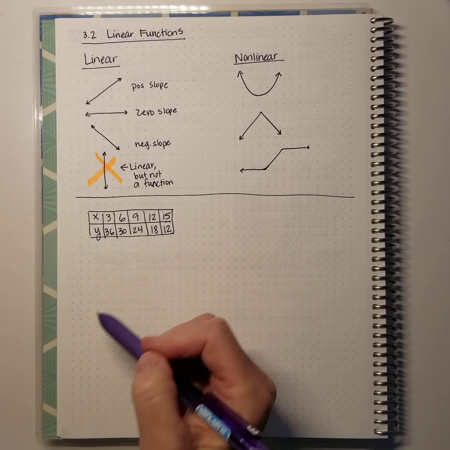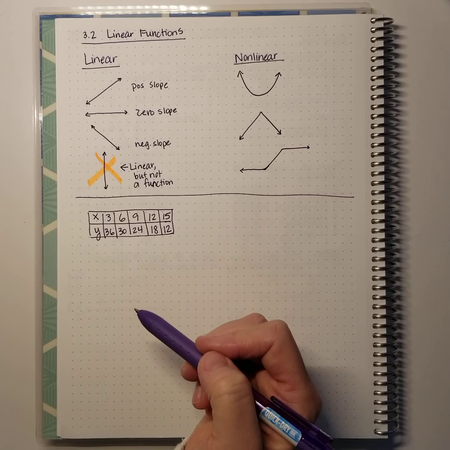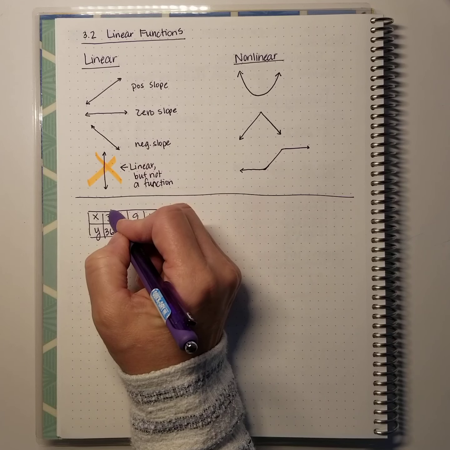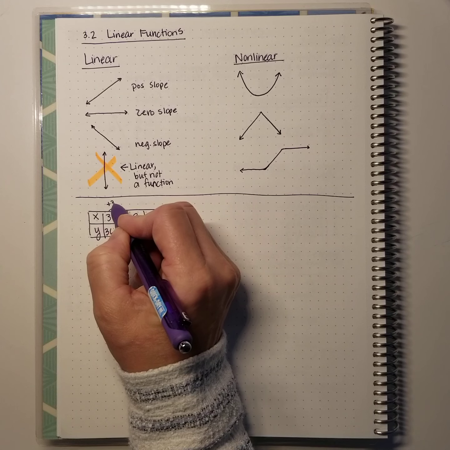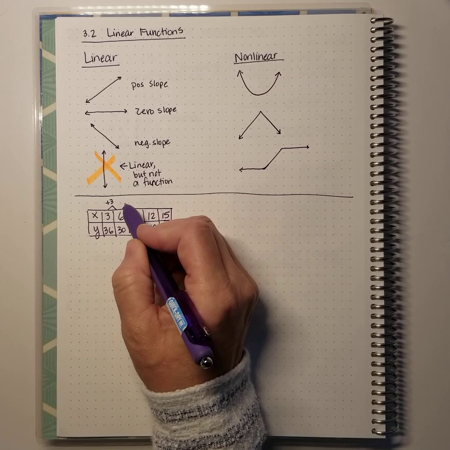What we're looking for is constant differences, where the differences in the x values are the same. So here we added 3. From 6 to 9, again, add 3.